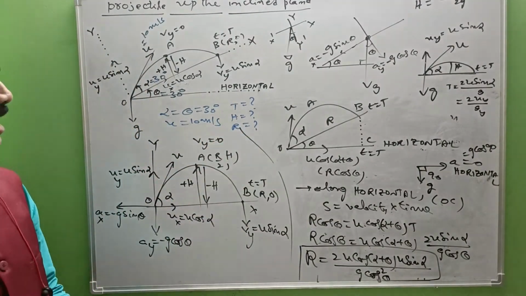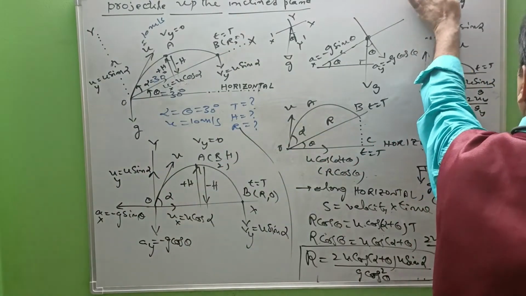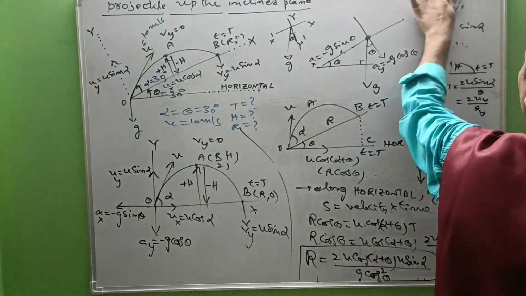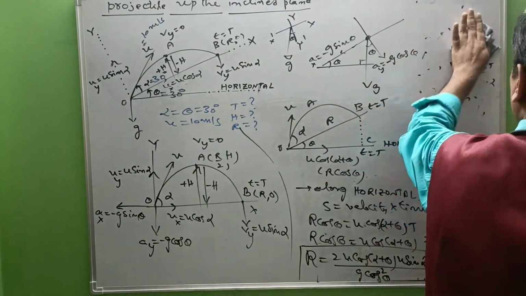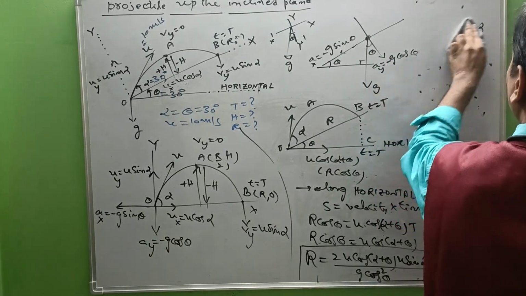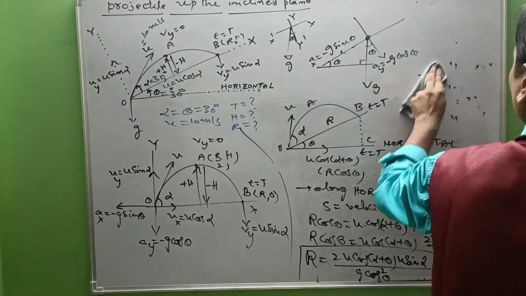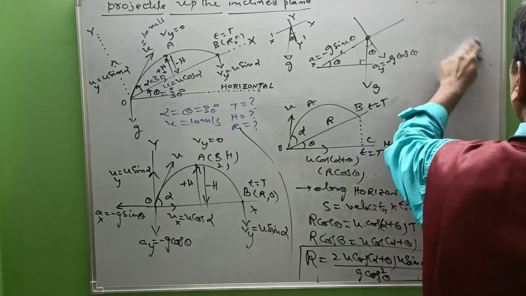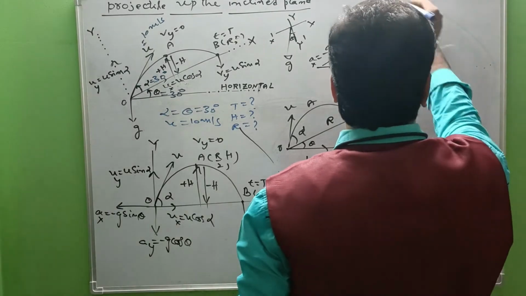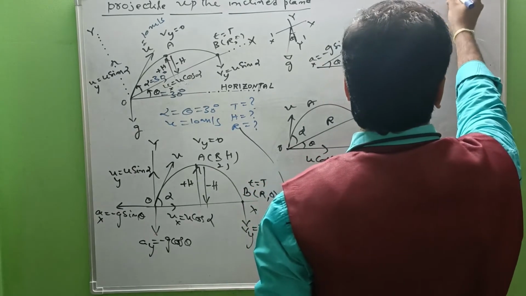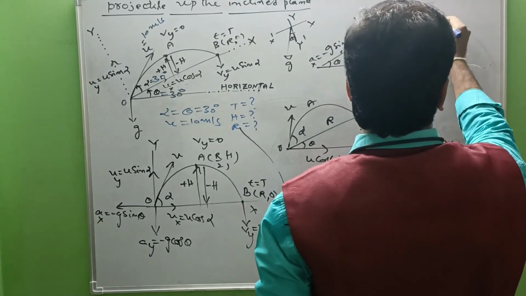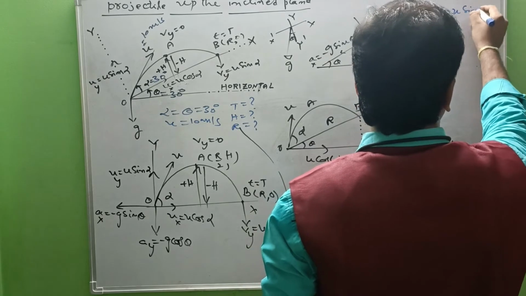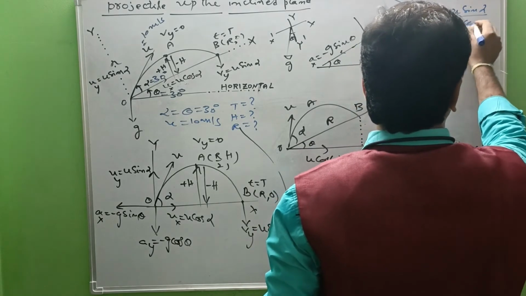What is the expression for time of flight? Number 1, time of flight, capital T. T equals 2U sin alpha by g cos theta.